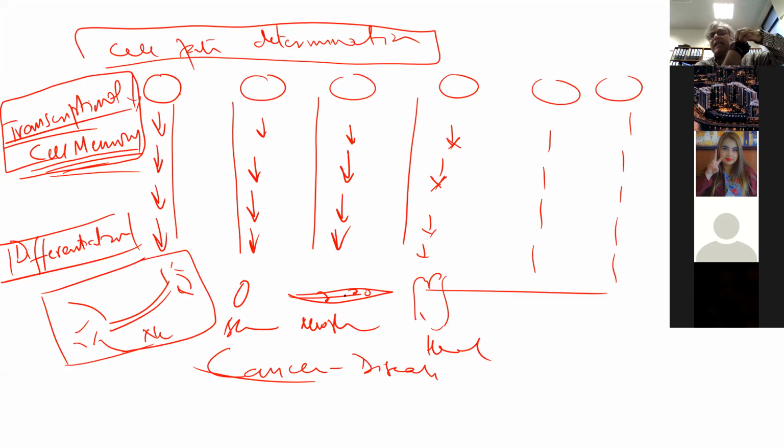This is no more dividing. Imagine it loses its transcriptional cell memory that it committed to the skin lineage. It means different genes are being transcribed now, no more skin specific. It will enter into the cell cycle and start uncontrolled proliferation, and we may end up having cancer. This is the significance of this subject.